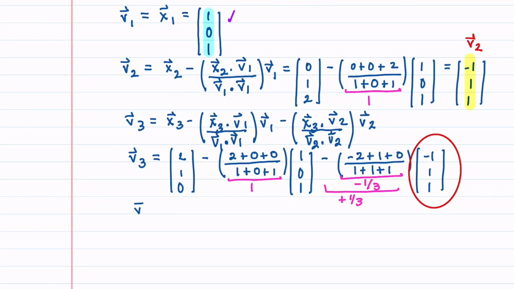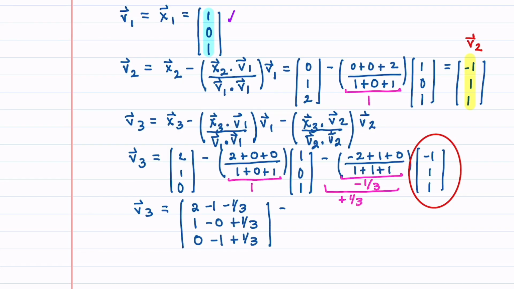Our v3 is going to equal this. We're going to have a 2, and then we're going to subtract a 1, and then we're going to subtract a 1/3, and then we're going to have a 1 minus a 0 plus a 1/3, and then we're going to have a 0 minus a 1 plus a 1/3 again.